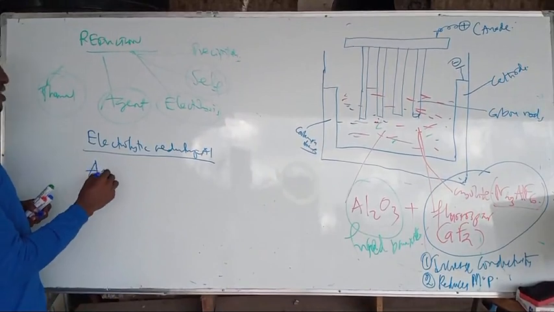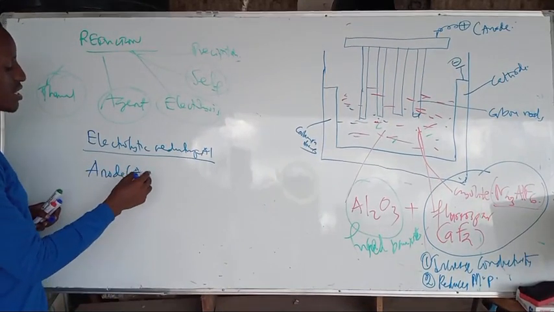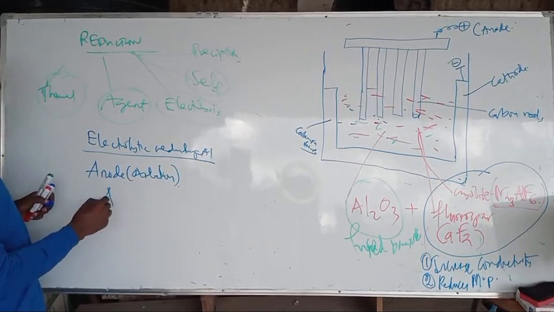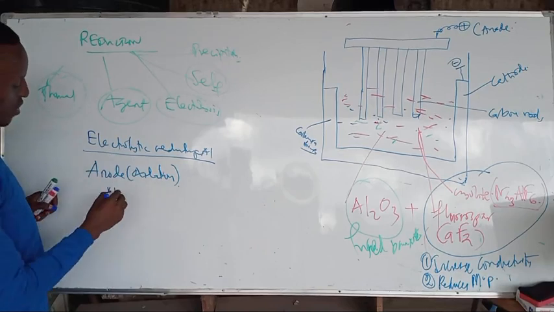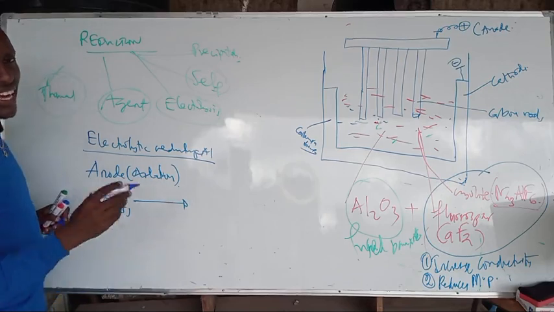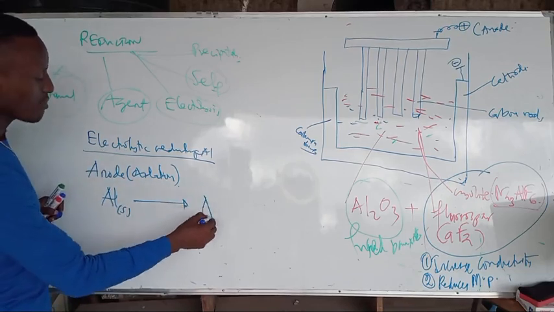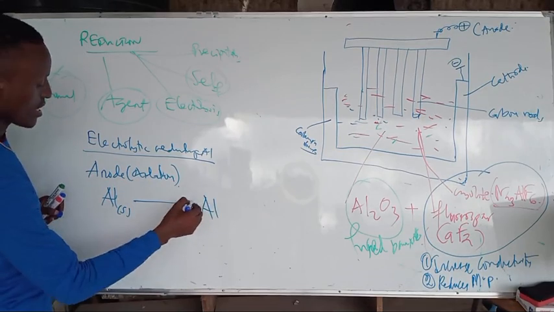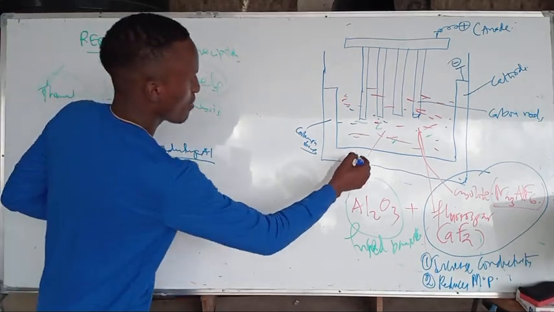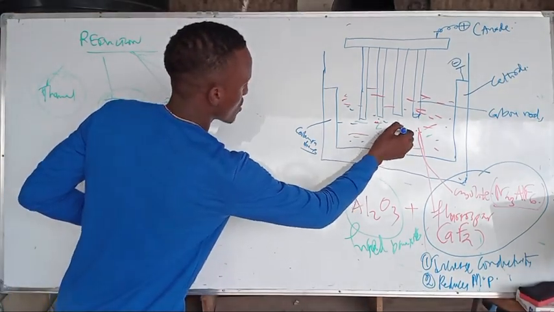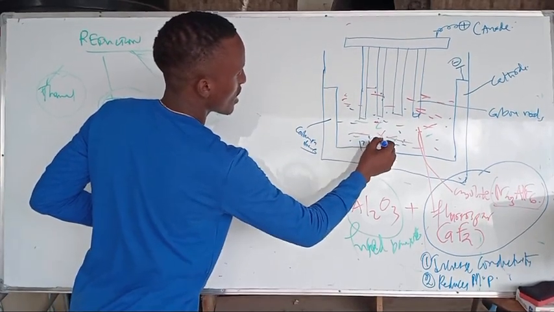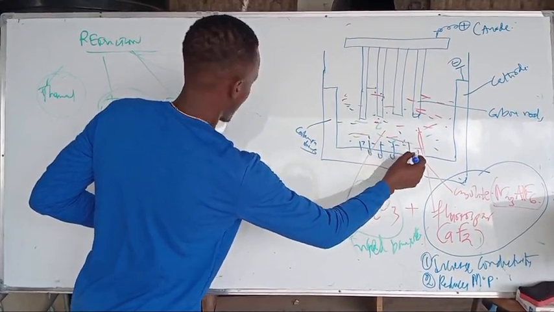So what is anode? Anode means oxidation. The aluminium, which is now at the anode, the solid, is turned into aluminium ions. These aluminium ions should be deposited here at the cathode.